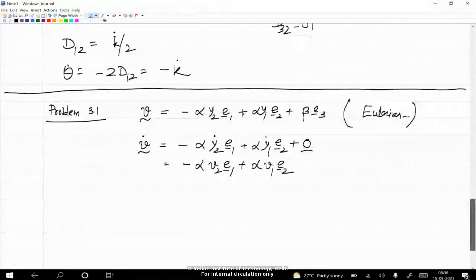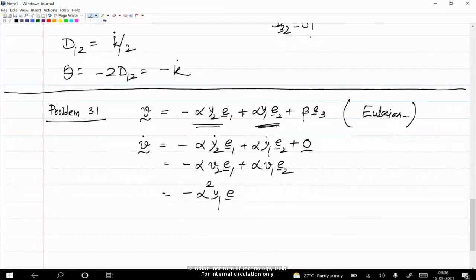Okay, so now you have v2 and v1. So you can put it back here, and what you have is then minus alpha square y1 e1 and minus alpha square y2 e2. Sorry, the first one is e1. So that's your acceleration. So we have gotten it back in the Eulerian form.